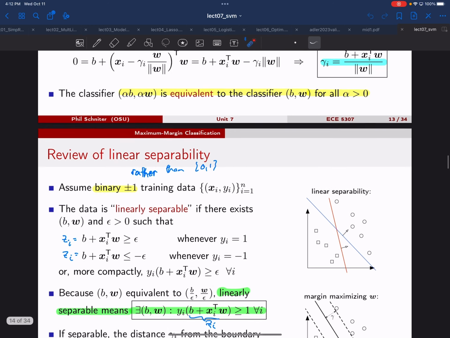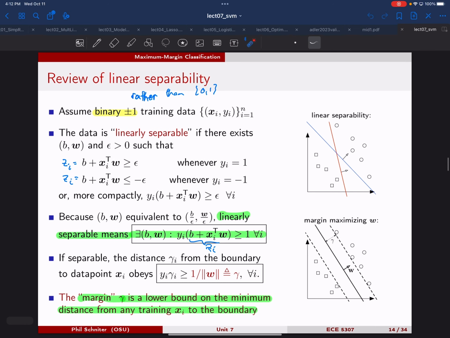And then we went on to talk about linear separability. As an intuitive idea, it's pretty simple. So when a data set is linearly separable, you can find some boundary that perfectly separates the data into the two classes. Now, the boundary is basically determined by the B and W pair. So we can also say this a little bit more precisely.